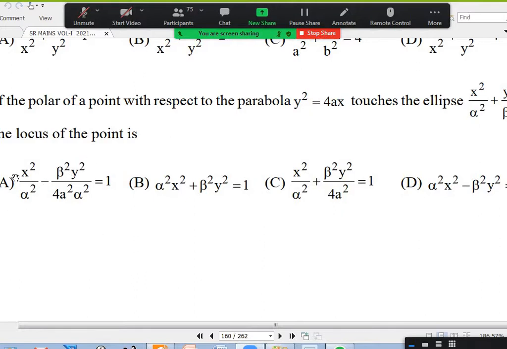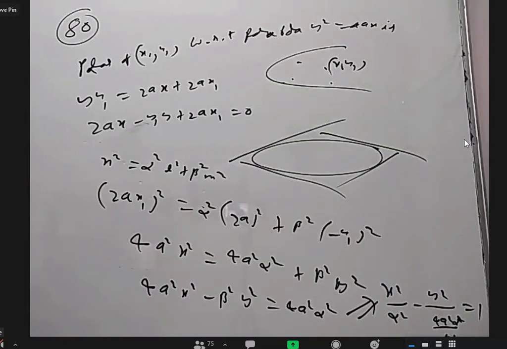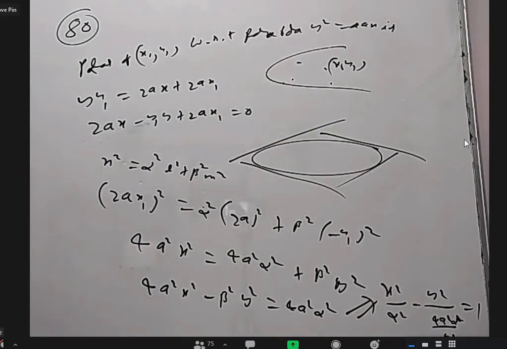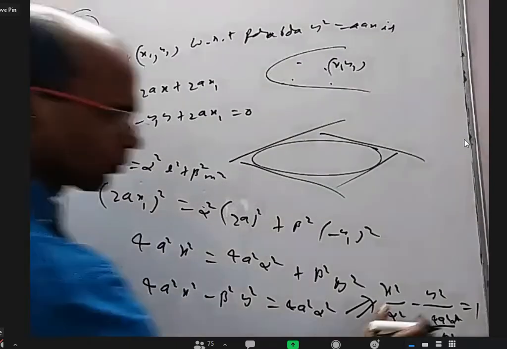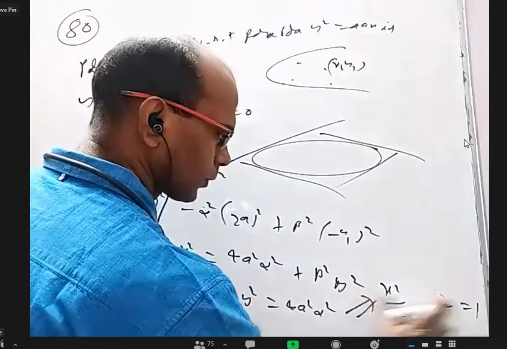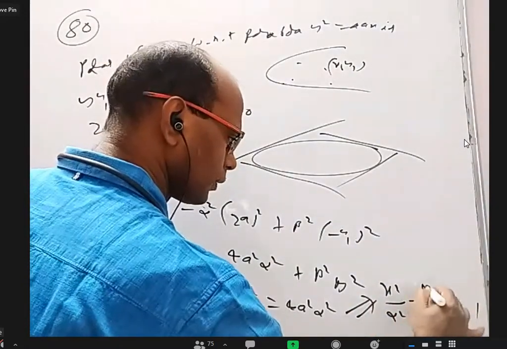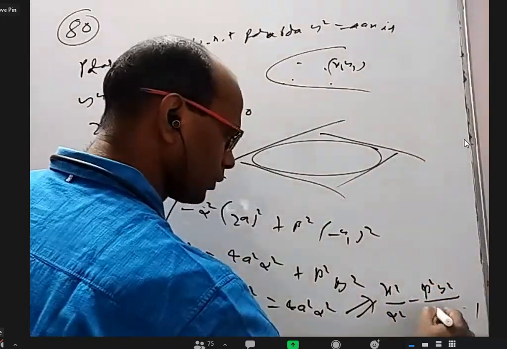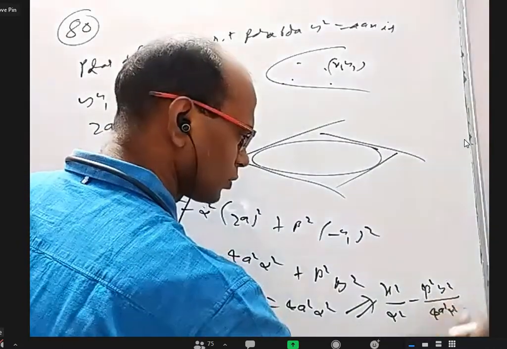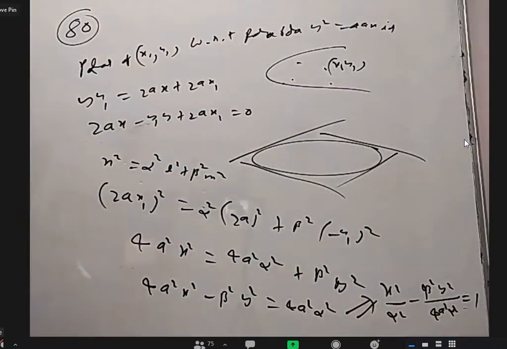Yeah, we can leave beta square in the numerator. Option A will come. So beta square y square by 4a square alpha square equal to 1. Okay, so it's very, very simple.